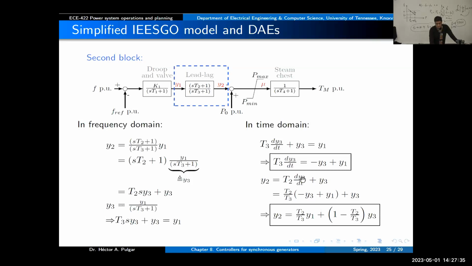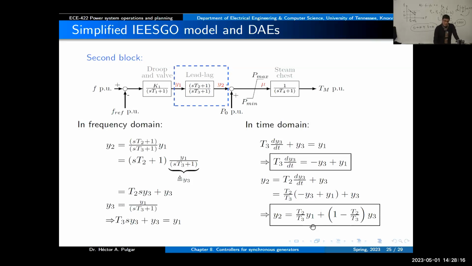So we're going to replace it immediately: the derivative of Y3 in time is negative Y3 plus Y1 divided by T3. If we pick that expression and replace it here, we reorder terms, and Y2 is going to be Y1 multiplied by the ratio of the time constants T2 over T3, plus 1 minus T2 over T3 times Y3.